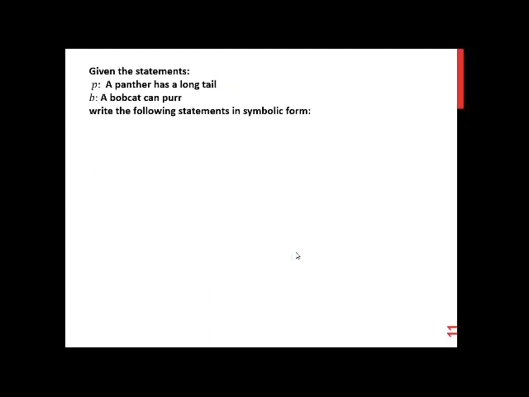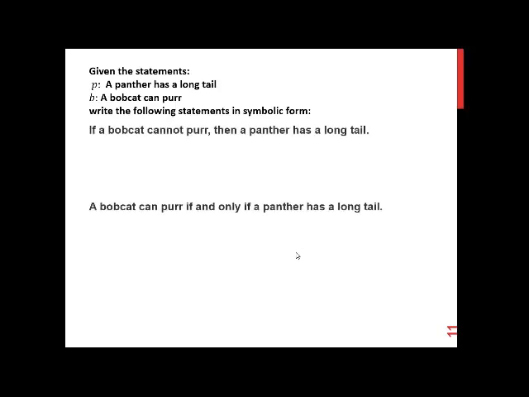So given the same two statements, P, a panther has a long tail, and B, a bobcat can purr, write the following statements in symbolic form. If a bobcat cannot purr, then a panther has a long tail. So the if-then statement is going to be replaced with an arrow.